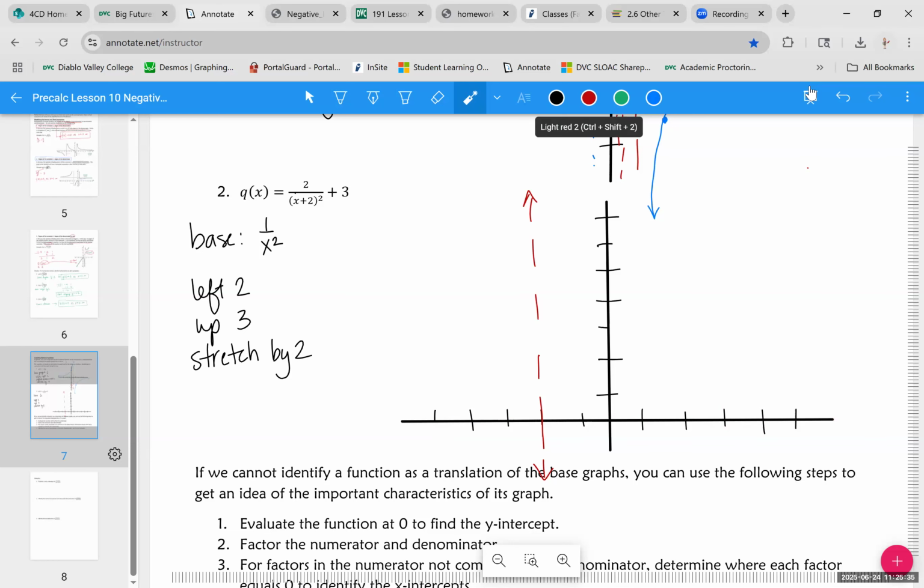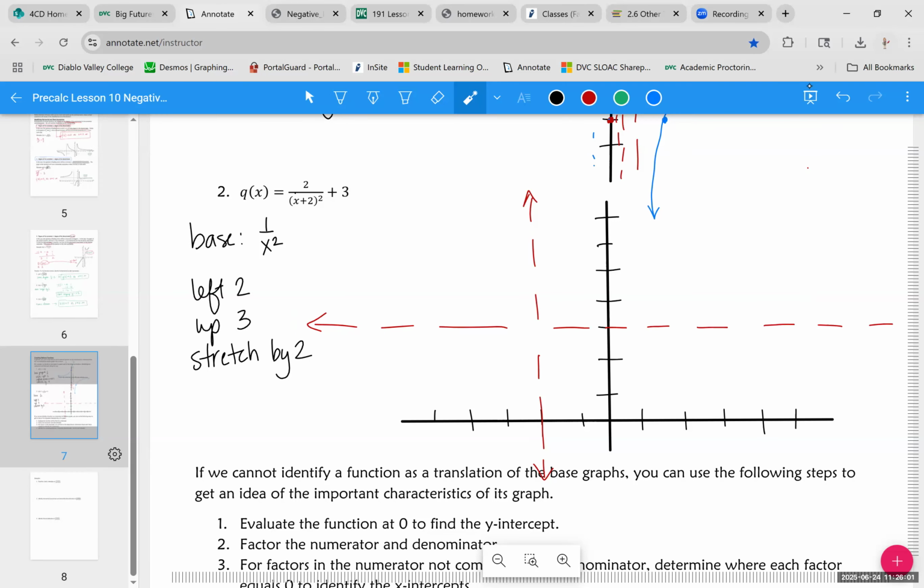If I'm going to move it up 3, then that horizontal asymptote is going to come up here to 3. So if there was no stretch, I could draw my curve in right here and right here, because that's what the 1 over x squared does. It goes right in between these asymptotes like this.